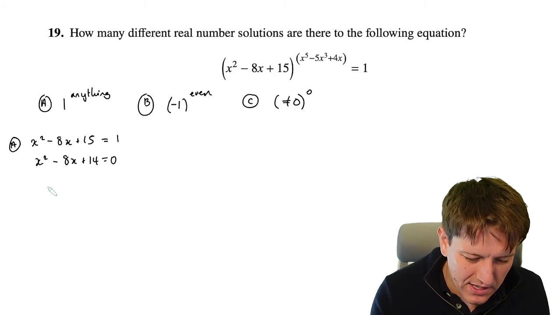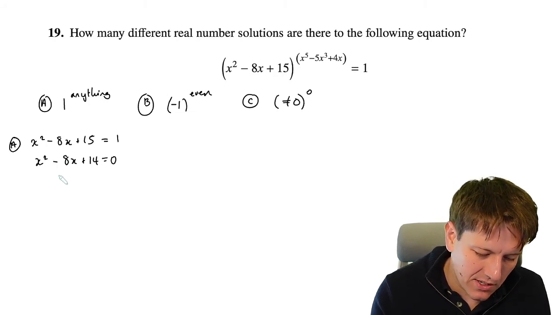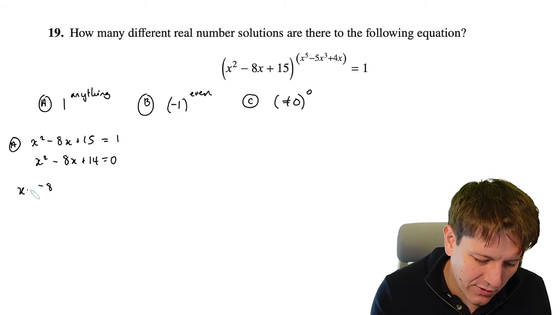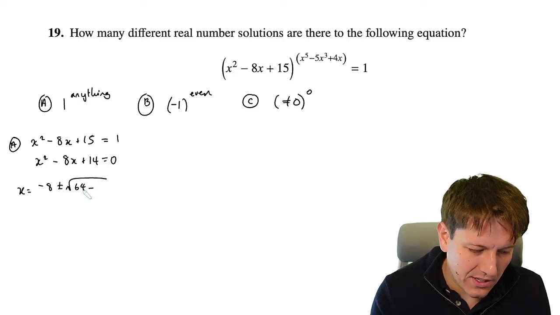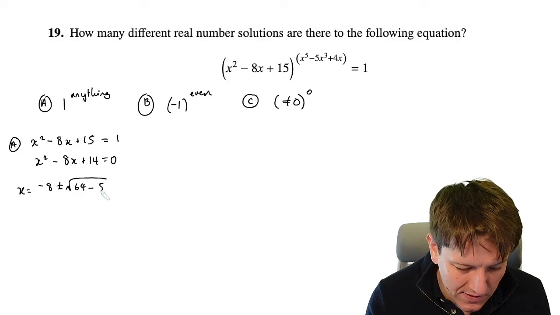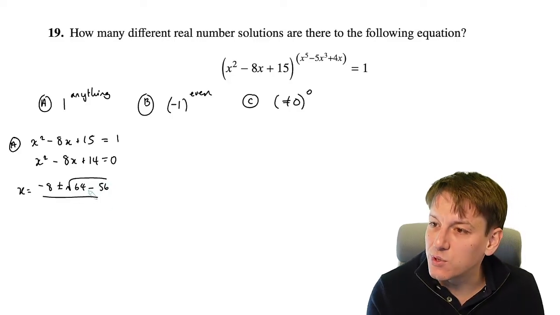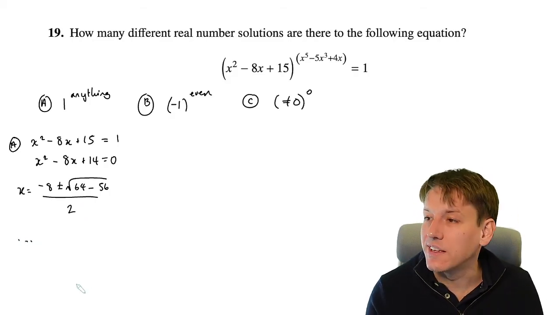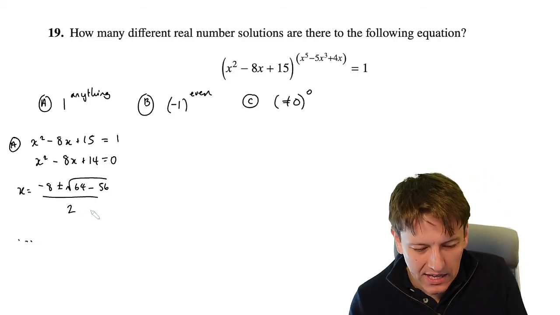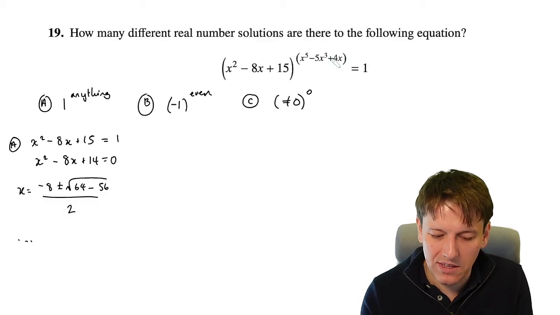I can just say, well, I can see the discriminant is positive here, if you like, or you could start doing the quadratic formula and see that you're going to get at some point 64 minus 4 times 14 is 56. So I get something that's got 2 real roots here. That's the point, and I don't really need to work out that any further. Whatever values of x are here, it doesn't matter what I put in here.